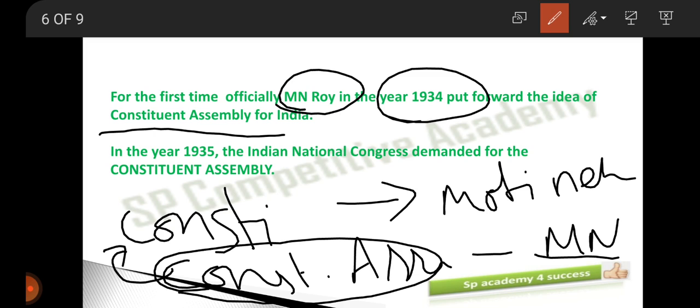M.N. Roy ji, second point here: M.N. Roy ji's proposal for the Constituent Assembly was put forward by the Indian National Congress in 1935. So in 1934 he said that we should have a Constituent Assembly, and officially it was put forward in 1935 by the Indian National Congress.